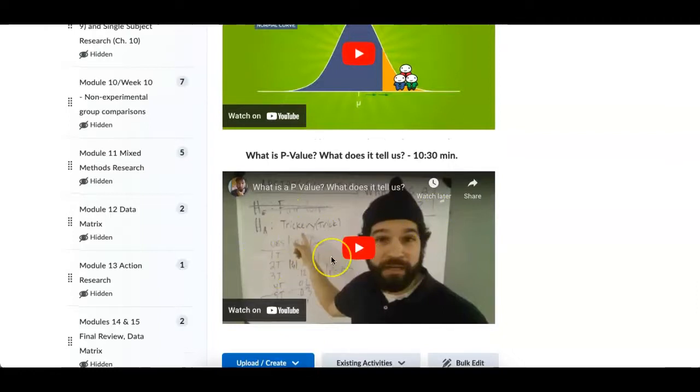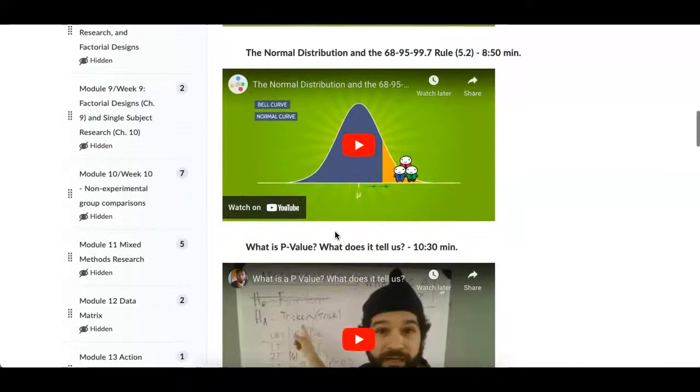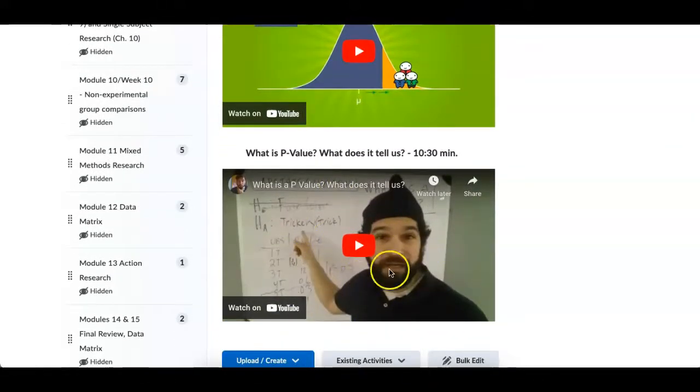I just want to, for those that are really interested in it, and I think everybody that's involved with quantitative research will get involved with the p-value. P-value is a way that you can tell if there are statistically significant differences in the results.